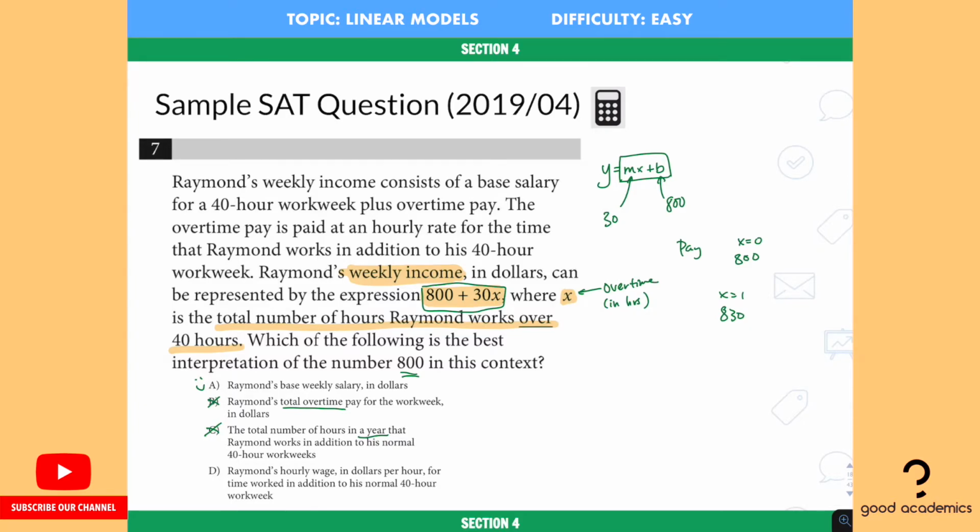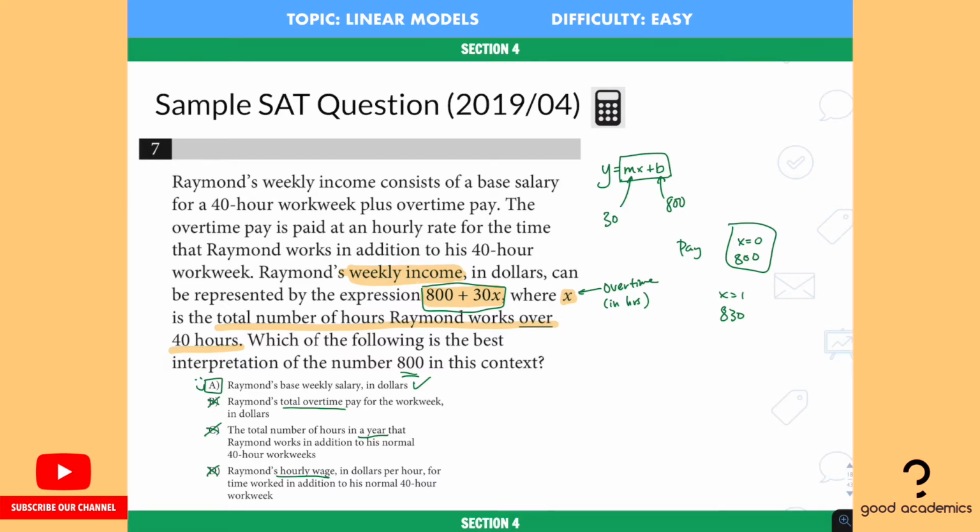Number two is that, as we said earlier with the what-if questions, if he does not work any overtime, he's going to work 40 hours and get paid $800. So D doesn't make any sense at all. There's no way that it's an hourly wage. So then we can say A is our correct answer. The other three choices are clearly nonsense.